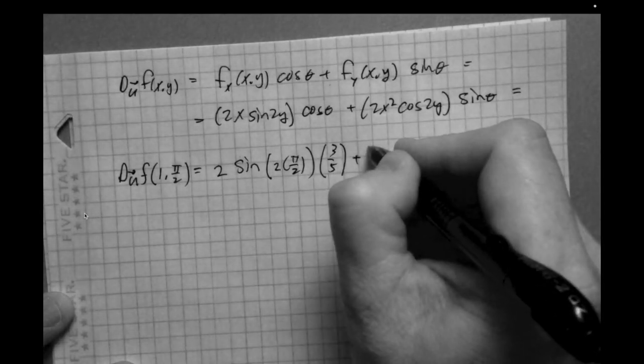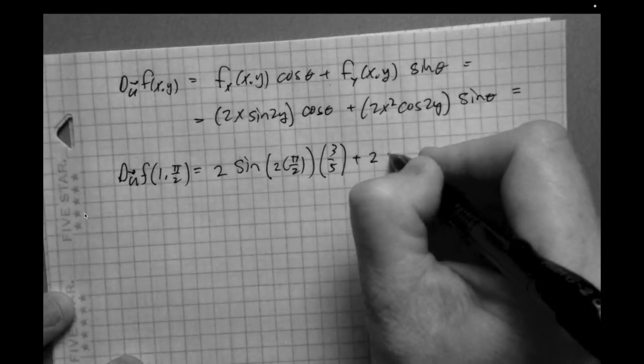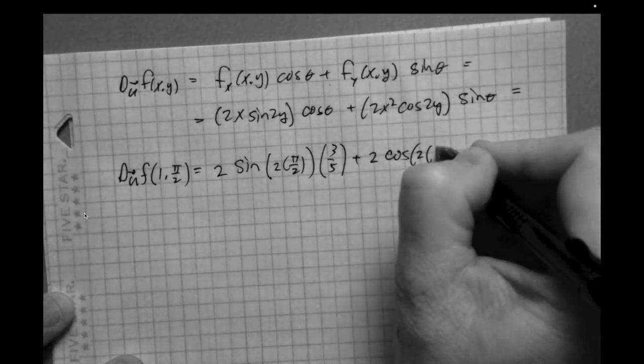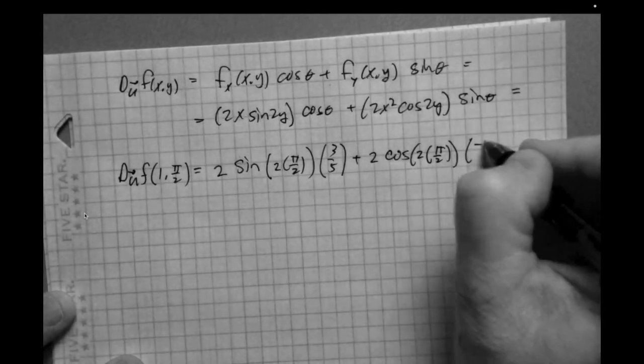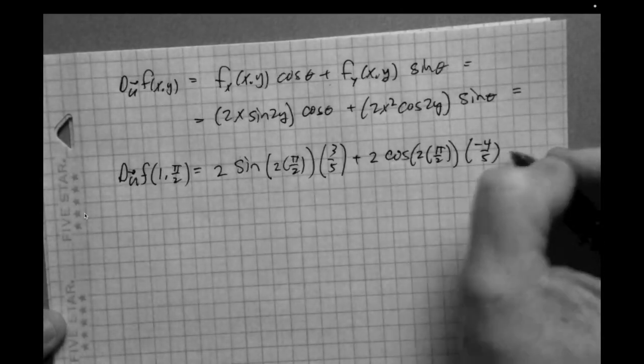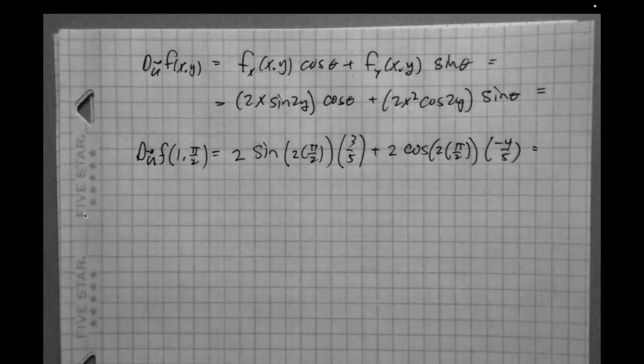And then plus 2 cosine of 2 times pi over 2, and then the sine of theta is negative 4/5 from the previous page. Okay, so we have that.